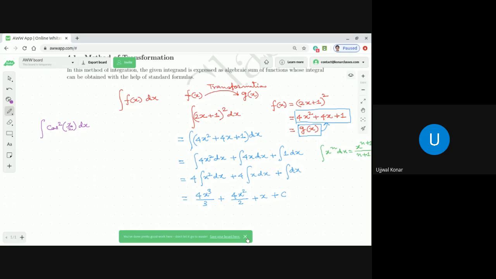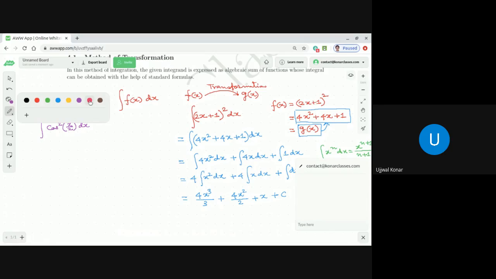What trigonometric formula of cosine are we aware of? If you recall, there is one formula called cos 2 theta. Can someone please tell me how we can express cos 2 theta in terms of cos theta? 2 cos square theta minus 1. Fantastic.